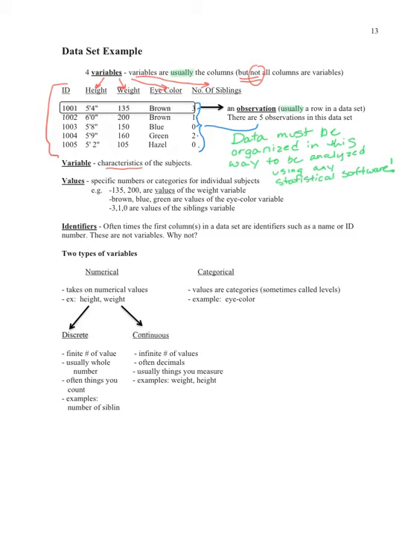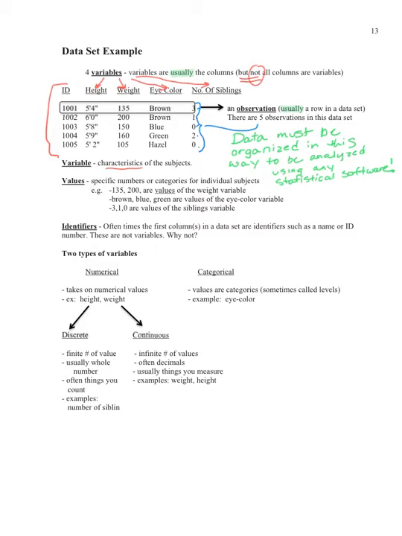Variables are usually in columns. Observations are usually the rows. Data must be organized in this way to be analyzed using any statistical software. But there's nothing that will prevent someone from typing it in the opposite way into a spreadsheet.